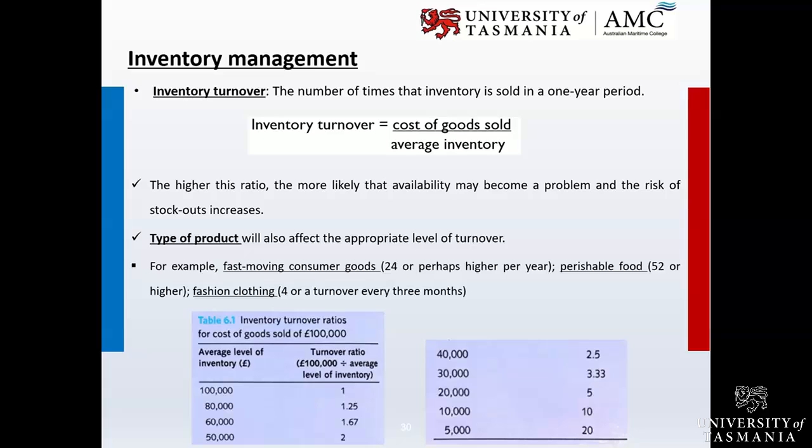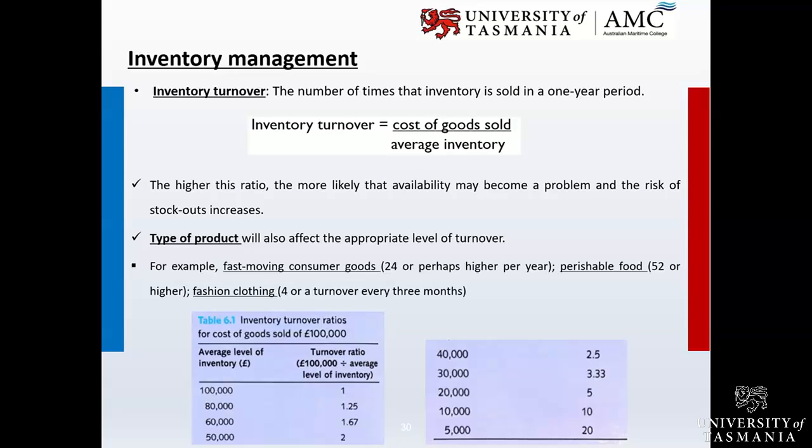Inventory turnover will be affected by the type of product. For example, for fast-moving consumer goods, you will find that the turnover is very high. And for perishable food, it is very high. And for fashion, clothing, you can also calculate the inventory turnover.